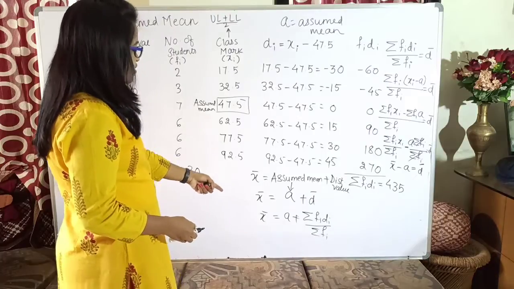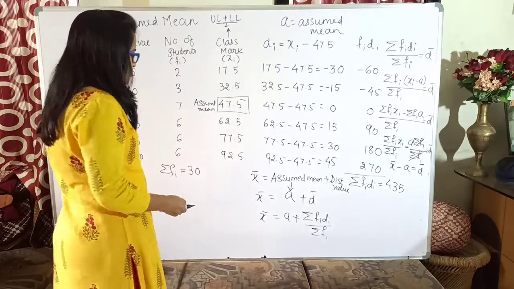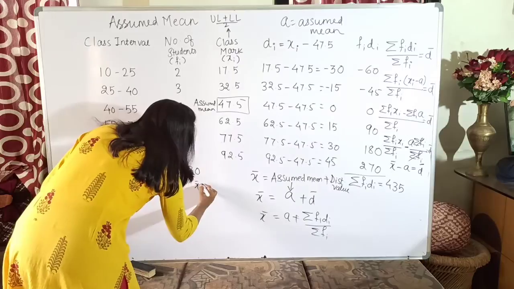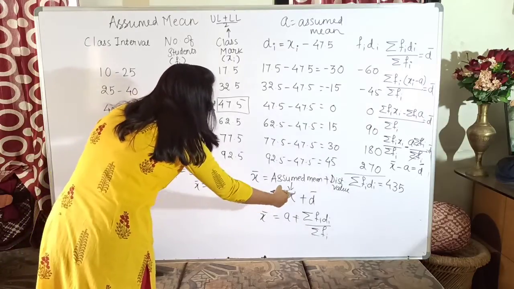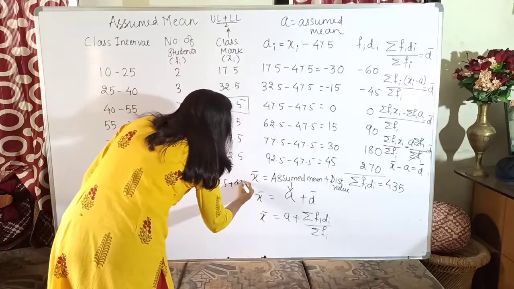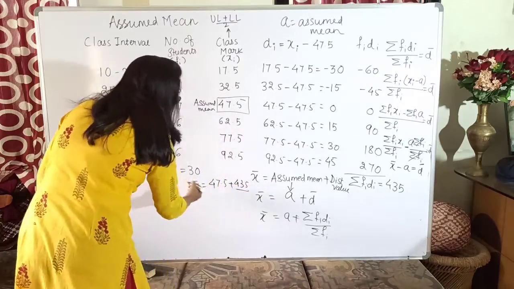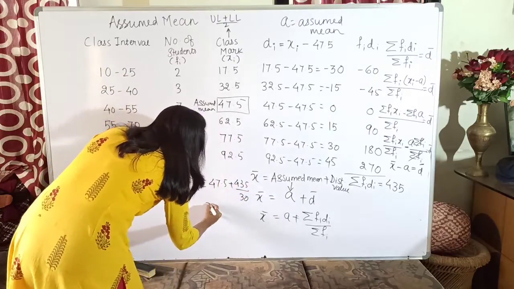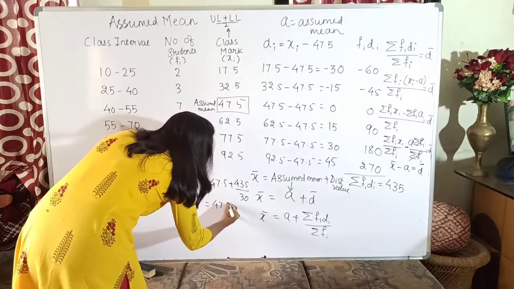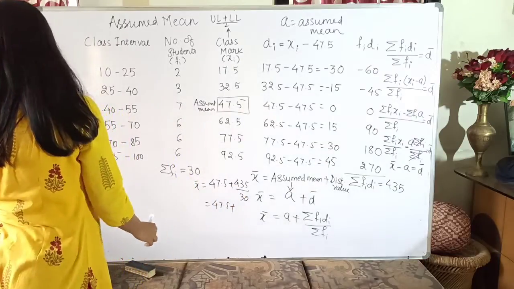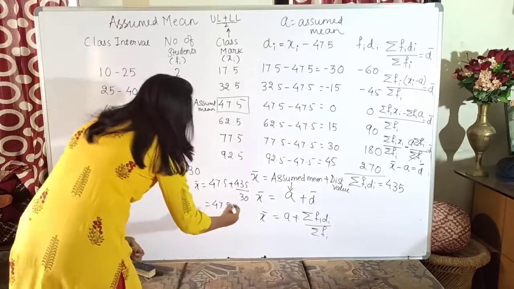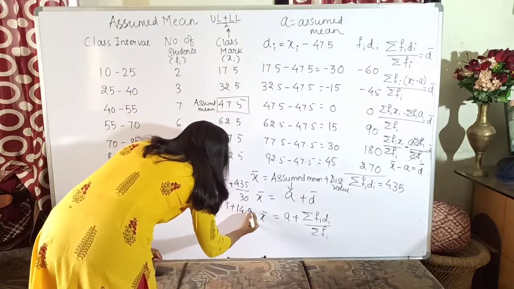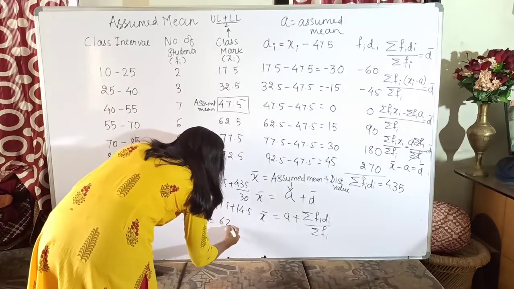Now let us find the value for this example by that method. So x bar is equal to, what is your a? It is 47.5 plus, what is summation fi di? It is my 435. What is summation fi? It is 30. So 47.5 plus, if you divide 435 by 30, you get the value 14.5, which will give you the mean as 62.